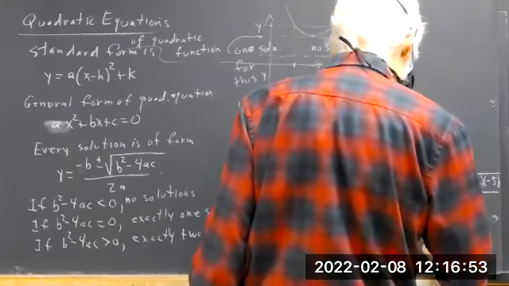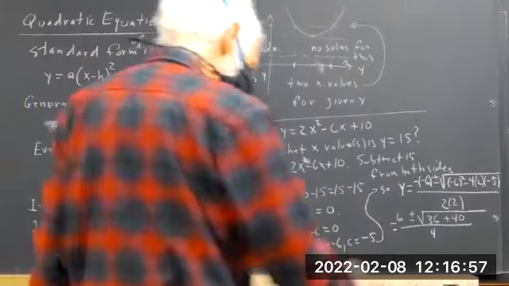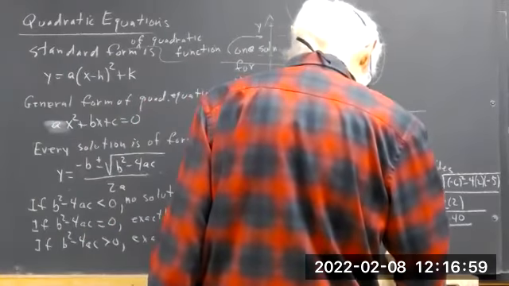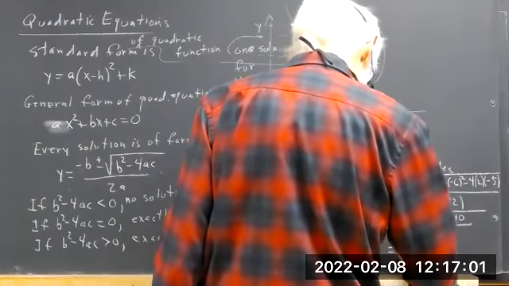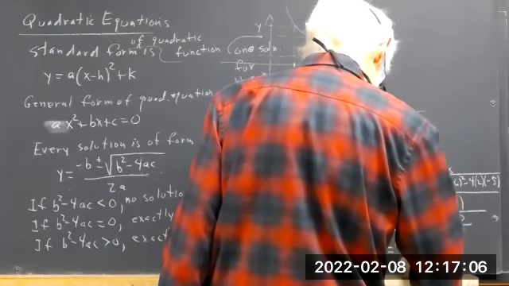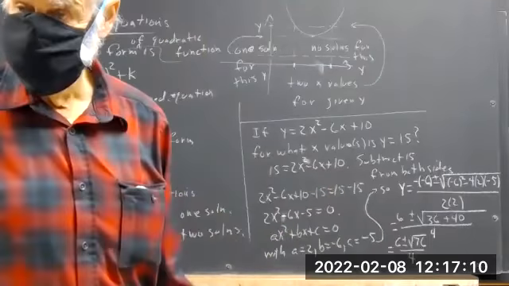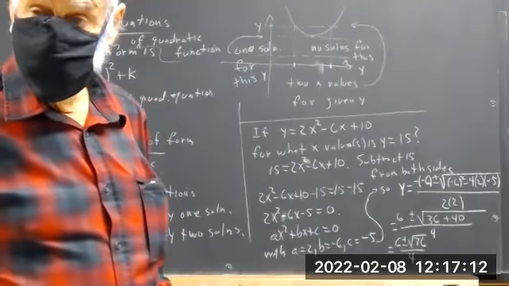All divided by 4. And that's 6 plus or minus the square root of 76 divided by 4.